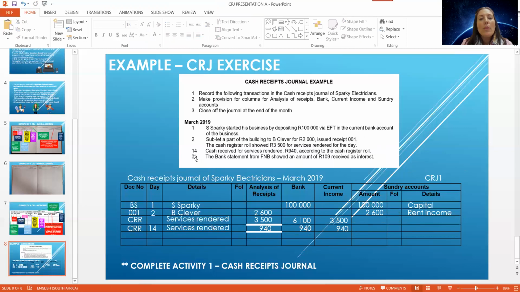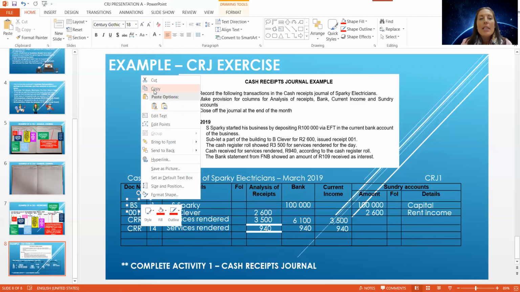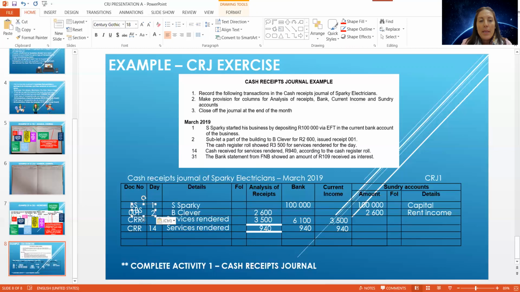The last one that we have on the 31st, the bank statement from FNB showed an amount of 109 Rand received as interest. So obviously we had a positive bank balance, and FNB rewarded us a little bit with some interest. Once again, the bank statement showed it, so our source document will be bank statement. Good.